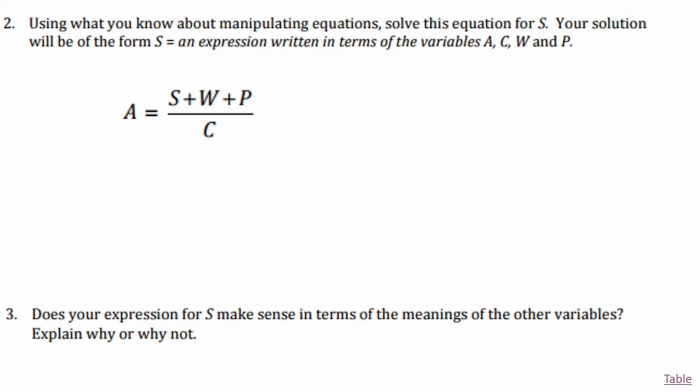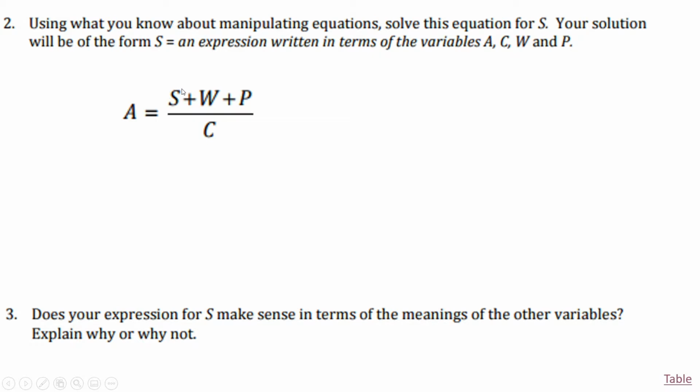Now, algebra students tend to struggle solving literal equations, but if there were just one variable, that always seems to be a little bit easier. So just think about what we would need to do to isolate the S, the variable that we want to solve for.